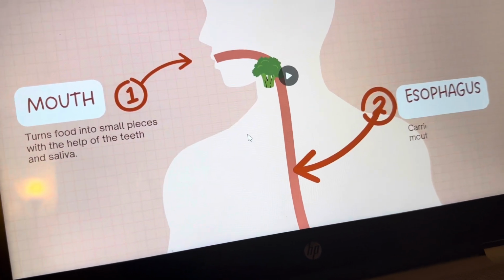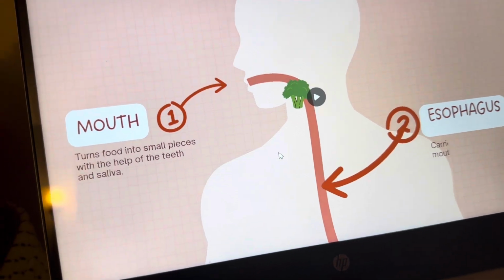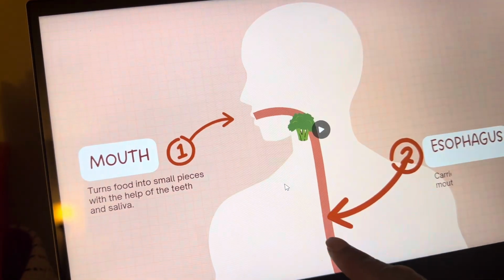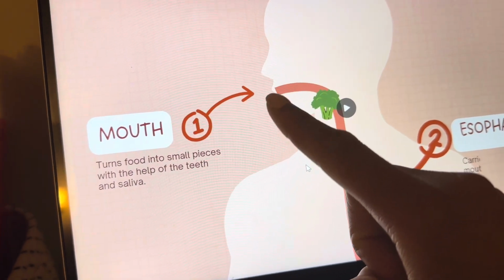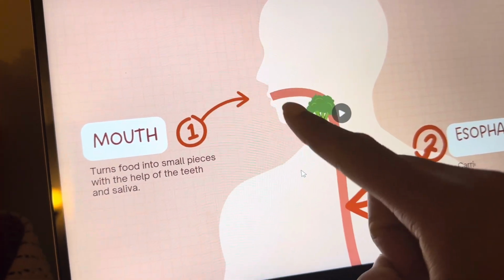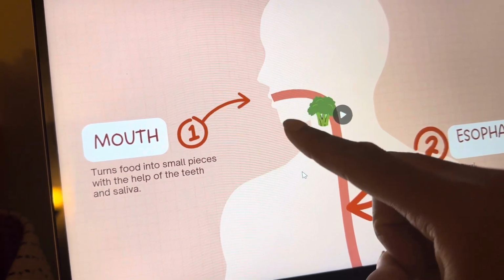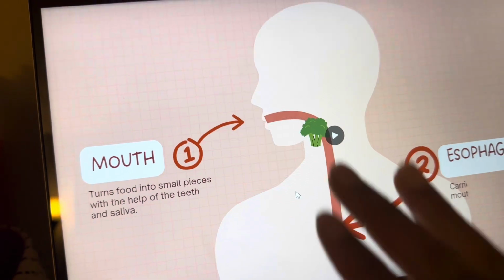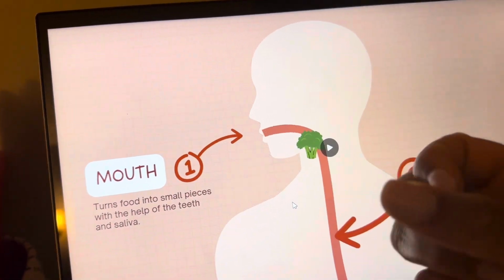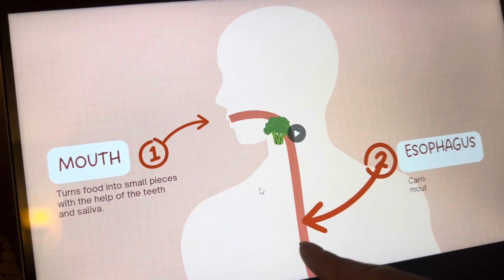Okay, so the next thing is the esophagus, right? The food travels through the mouth all the way down to the esophagus. In the mouth, we have an enzyme called amylase, right? And depending on what type of food you're eating, there are specific types of enzymes that are released to break down the food. So the enzyme breaks down the food, creating a bolus that goes down into the esophagus.